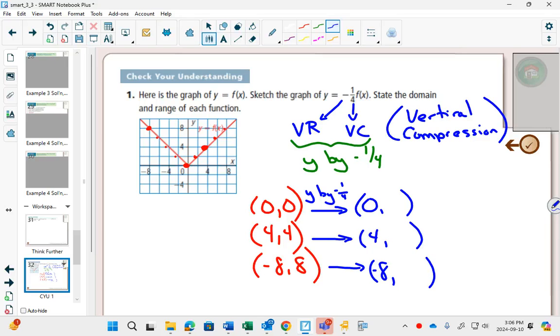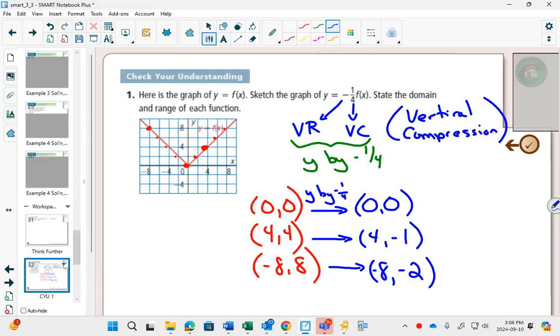When I multiply y by -1/4, well, the first one's a 0, so that's easy, stays 0. But here I have 4 multiplied by -1/4 will be a -1. And then my 8 multiplied by -1/4 will be -2. And now if we plot these points, we'll be able to draw the graph.